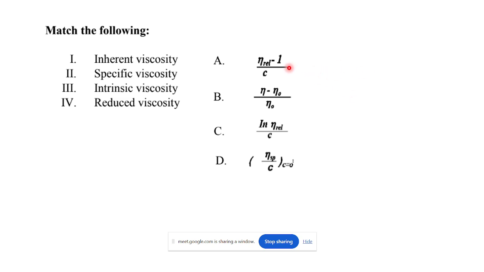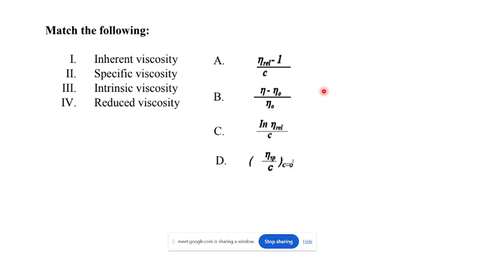So if you know the eta relative, you are just doing different mathematical derivations. Eta relative minus 1 divided by concentration is your specific viscosity. If it is ln eta relative by C, it is intrinsic viscosity. If it is eta specific by C at C equal to 0, it is inherent viscosity.